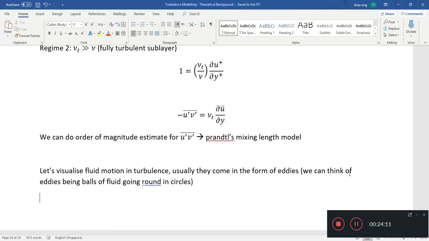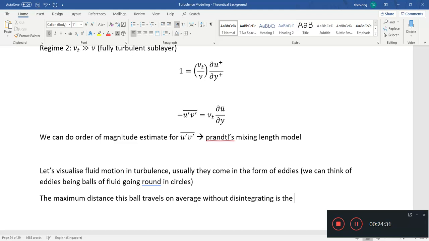That's one way of thinking of eddies. And the maximum distance this ball travels on average without disintegrating is the mixing length L.